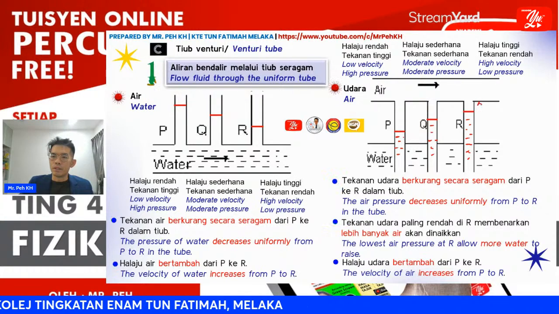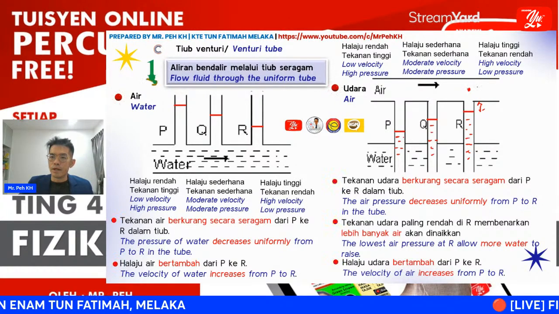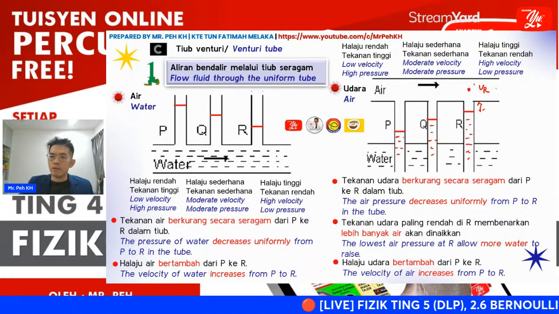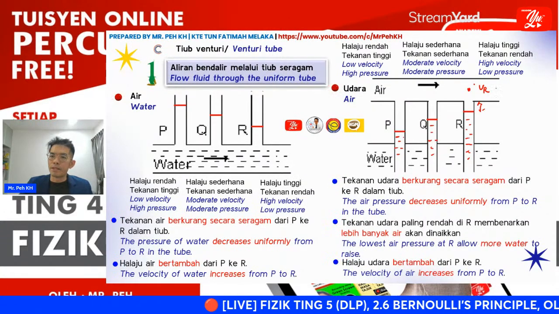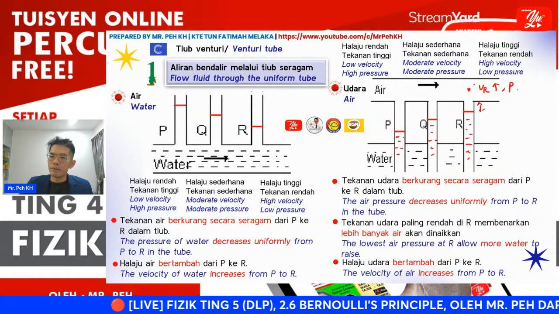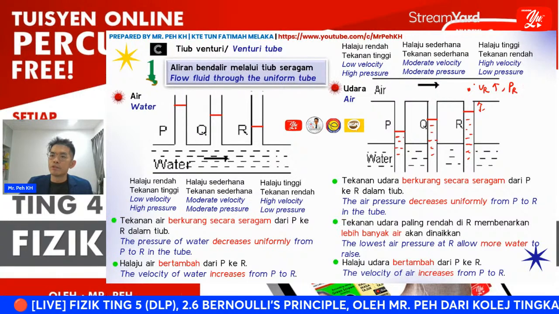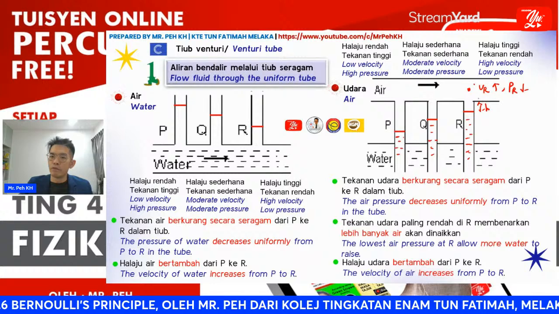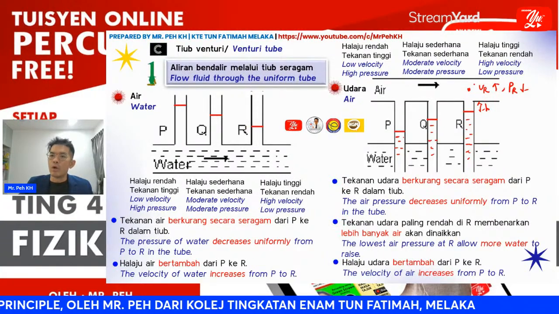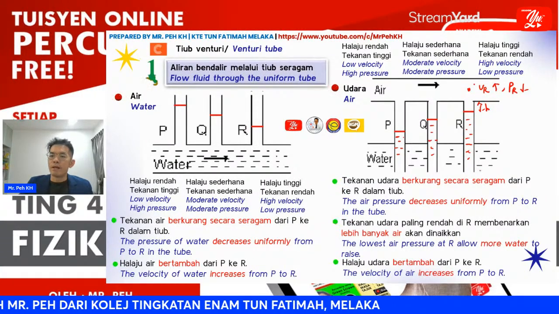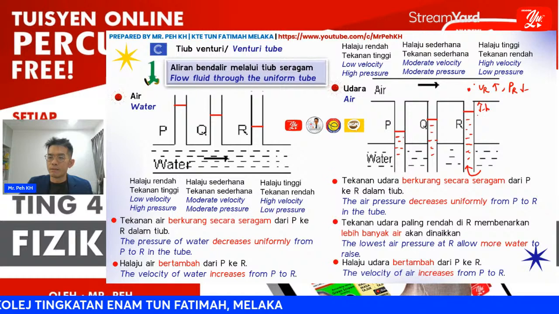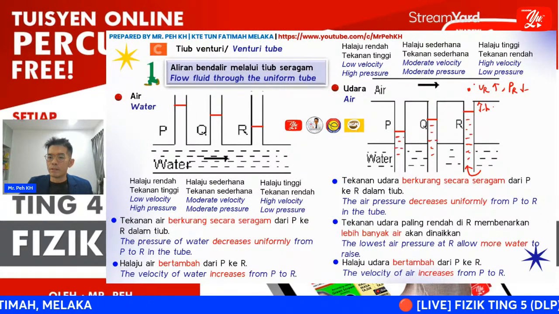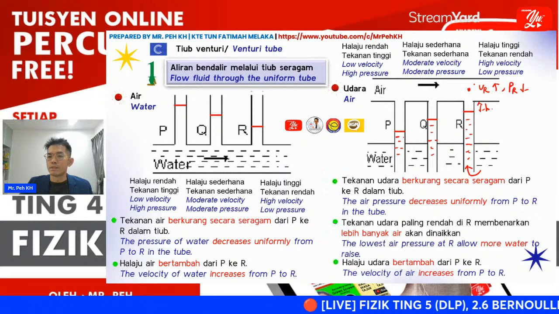Okay, so here again at R, the velocity is the highest, so the air pressure at R will be smallest. You can just look at the level of H from the air. Or another way, the water level will be highest, because the lower pressure means a lot more water will rise.